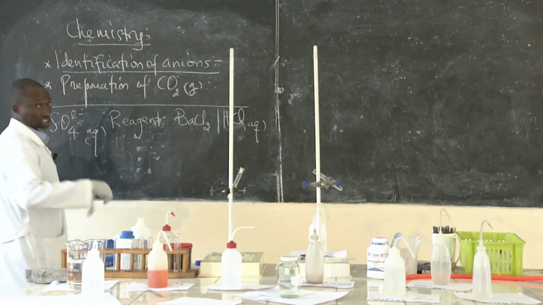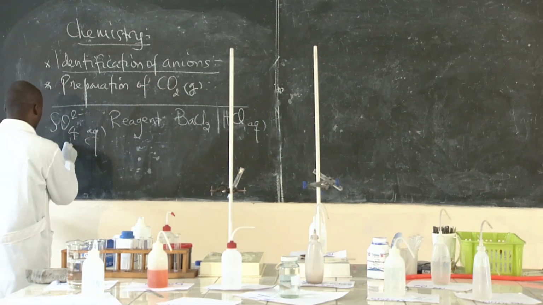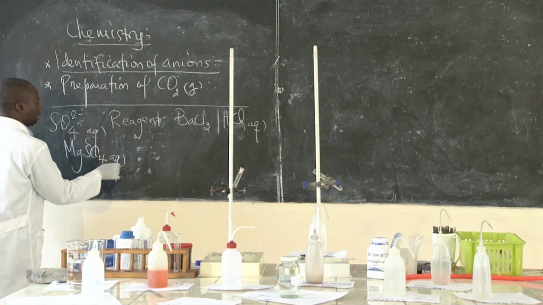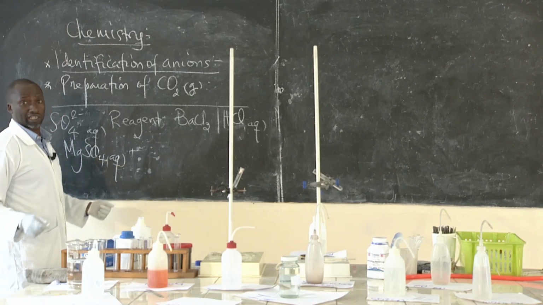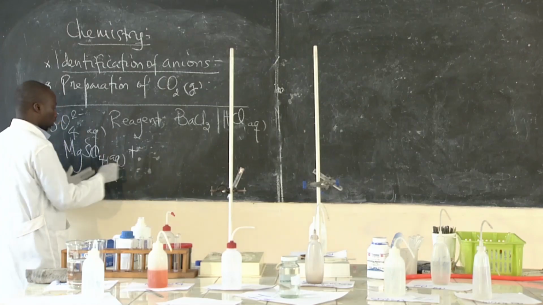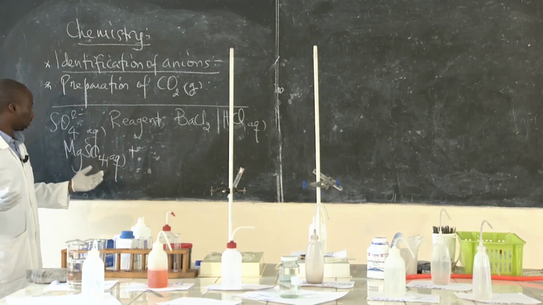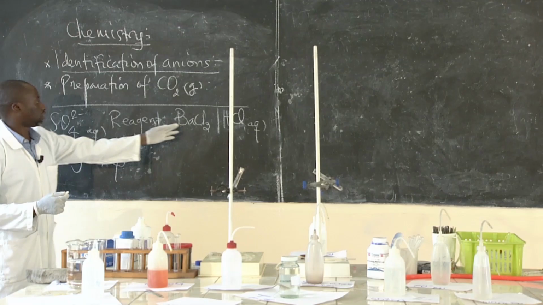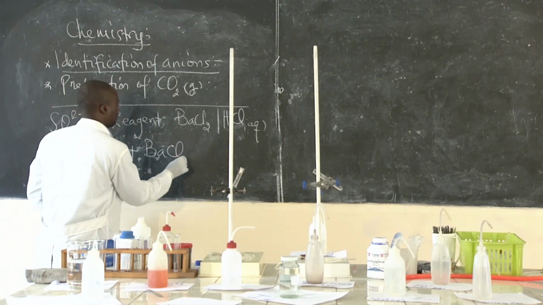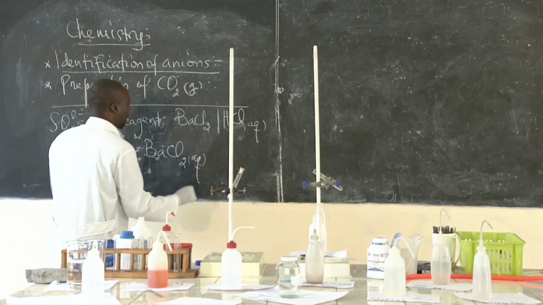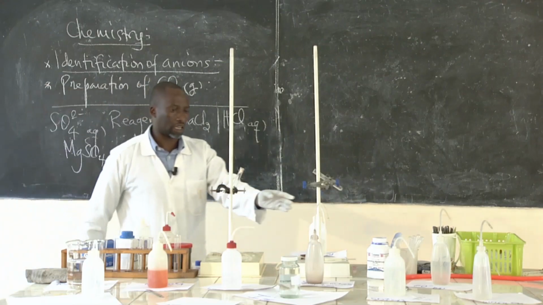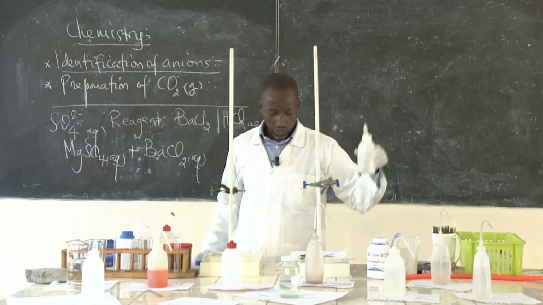So let's assume that was magnesium sulfate. That was a solution of magnesium sulfate, not necessarily, but I've just assumed it was, because it is soluble and it contains the sulfate ions. So it reacts with a solution of barium chloride. This solution that we have here is colorless, has no color.